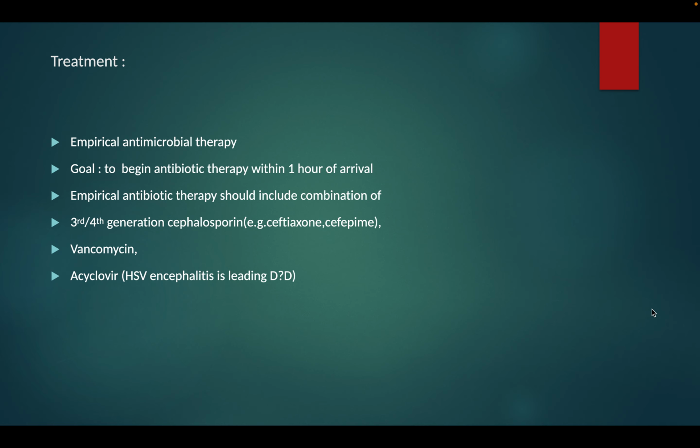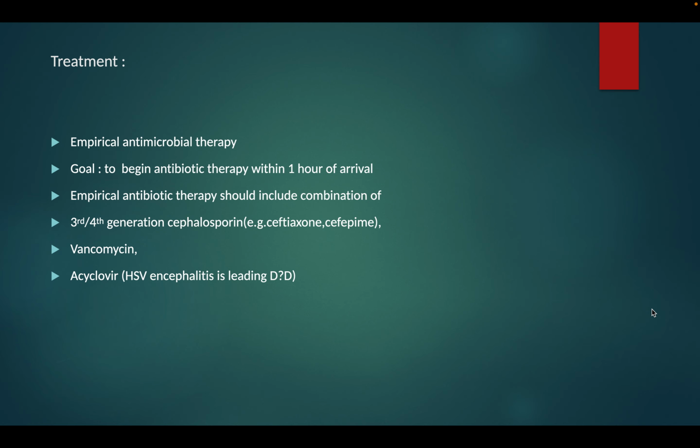So let us start with the treatment modalities, and this is one condition where a clinician or an intensivist should not shy away from giving an empiric antibiotic as early as possible, preferably within 1 hour of arrival.